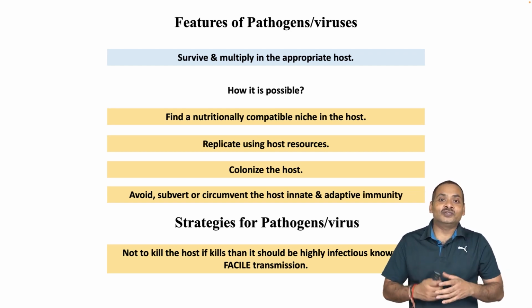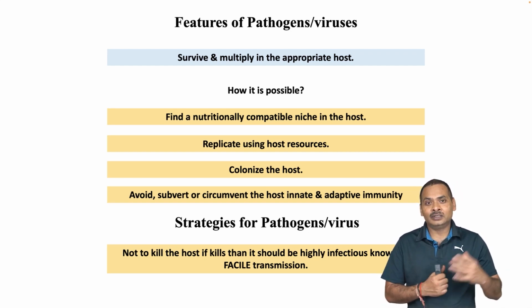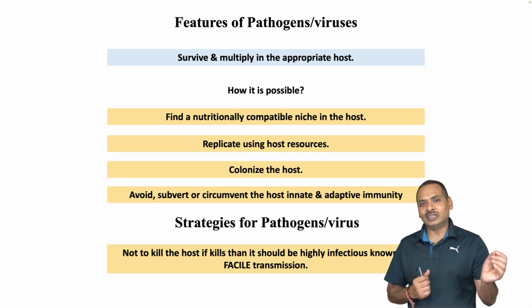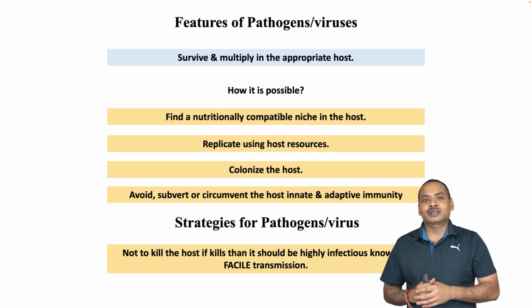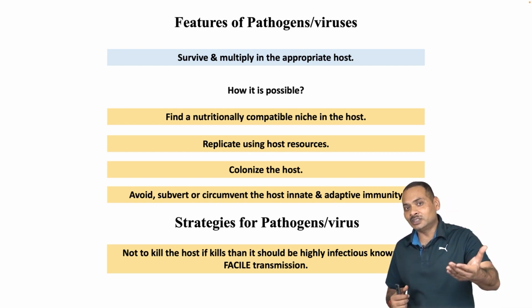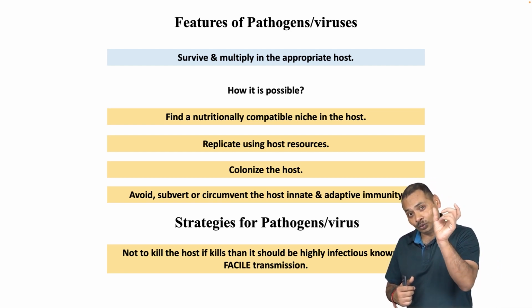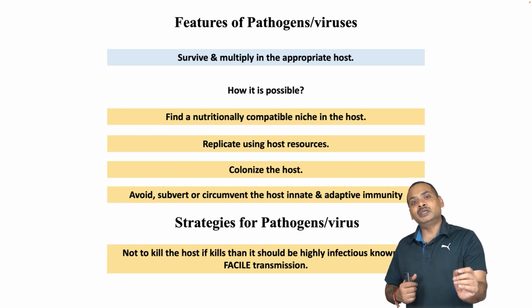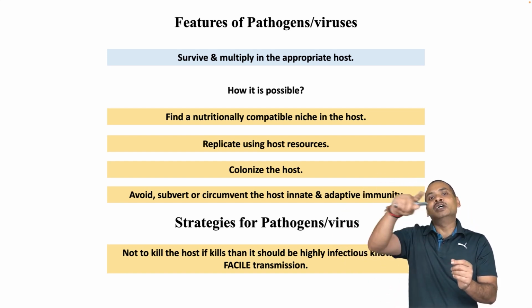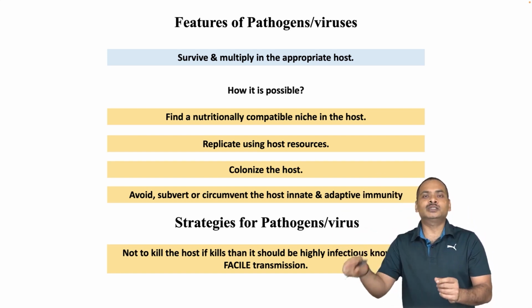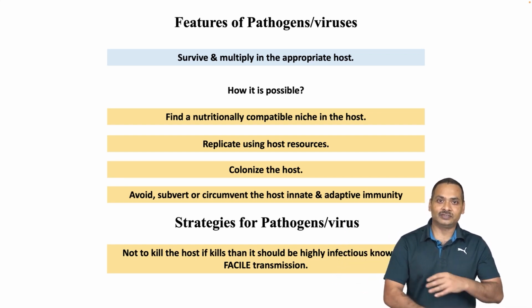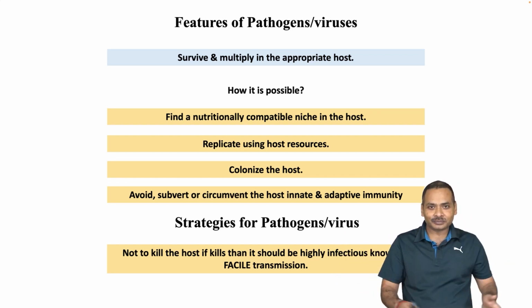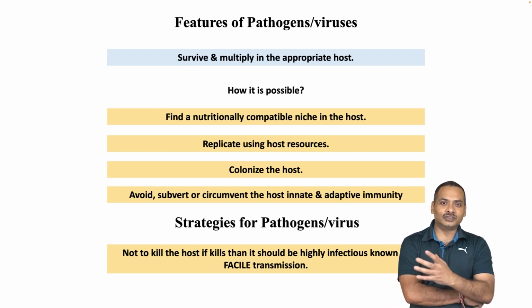For example, if there is an infection that immediately kills the host, in that situation they cannot replicate. Then those pathogens need the capacity to hook onto a new healthy host as quickly as possible, because again the aim is continuity of life. So this is a little philosophical view of pathogen and host.